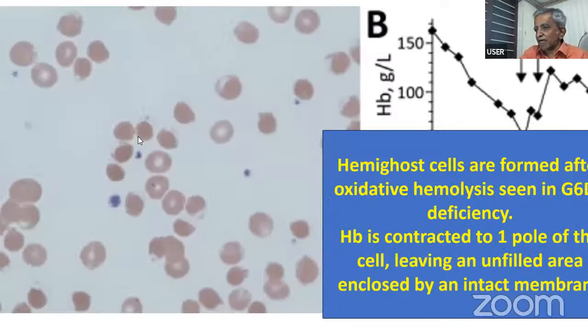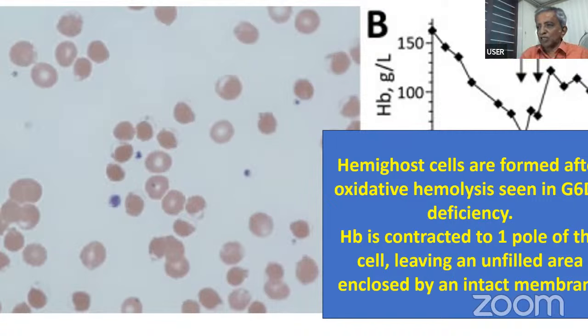Now you go to the next slide. Another finding is what is called a hemighost cell. This is a hemighost cell. You find the hemoglobin is denatured and pushed into the corner. You find this area is white, no hemoglobin at all. Normally the RBC will appear throughout and there will be a biconcave nature because that area is not thick.